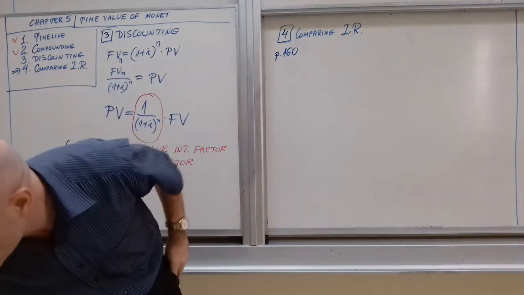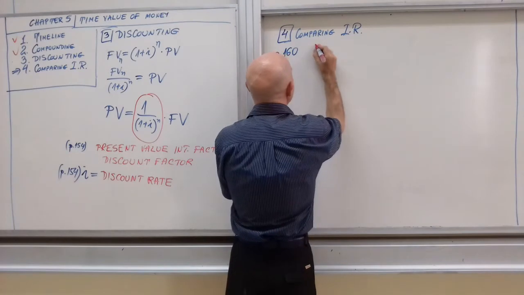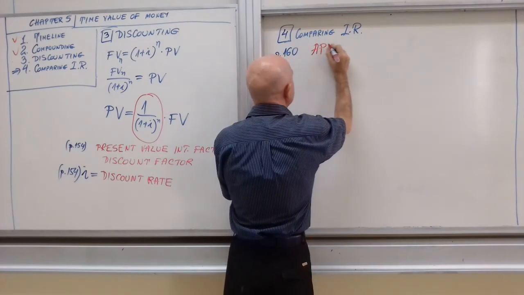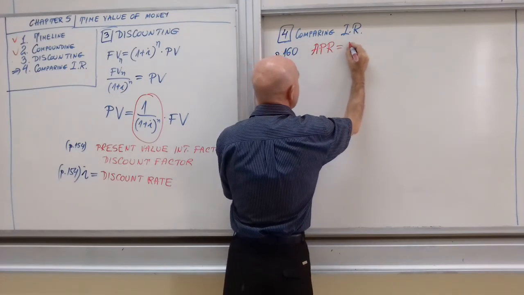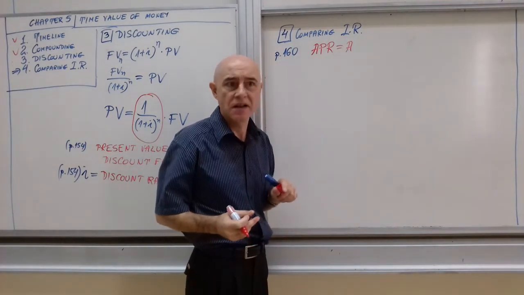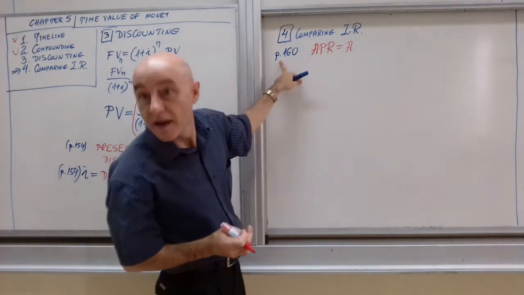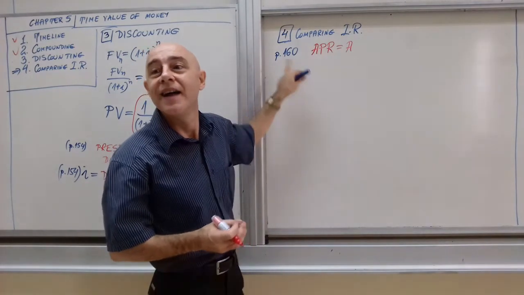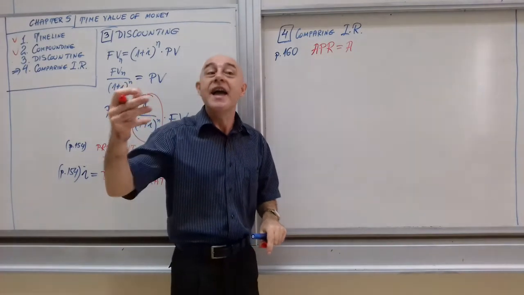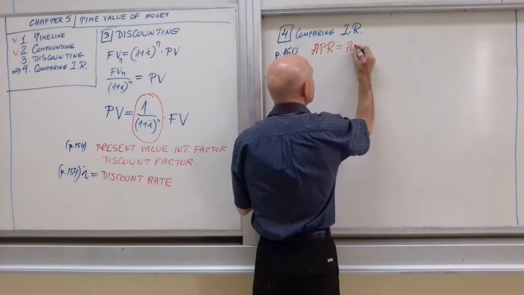The one interest rate is called APR. Meaning, what does it mean? You got page 160? Annual percentage rate.